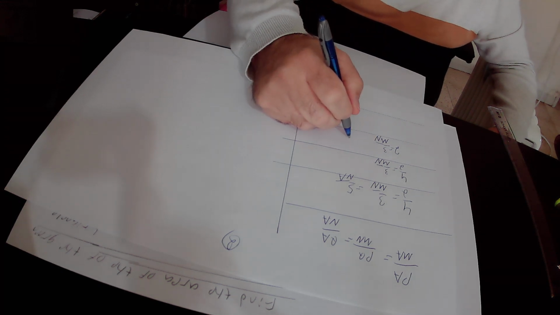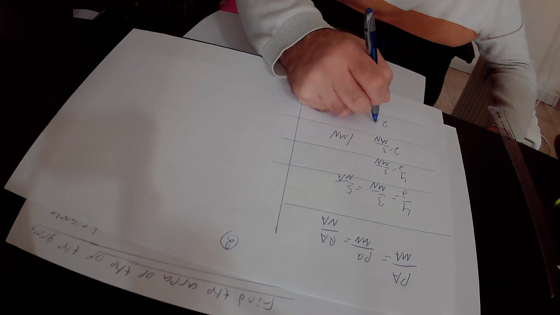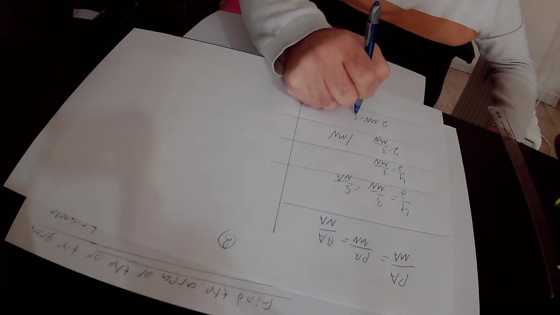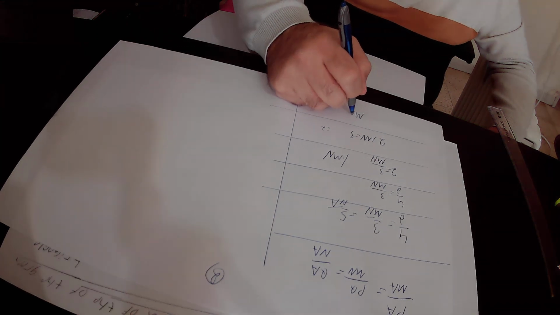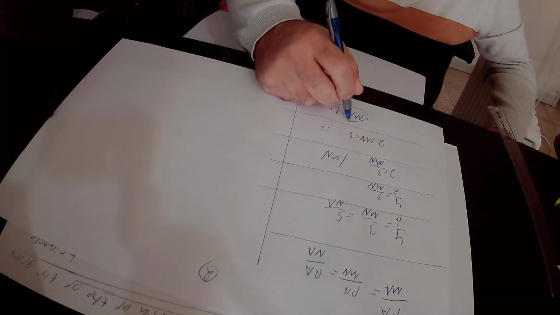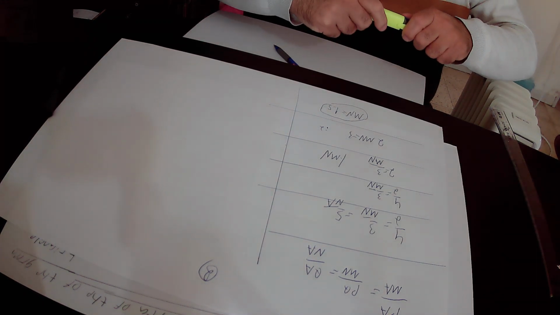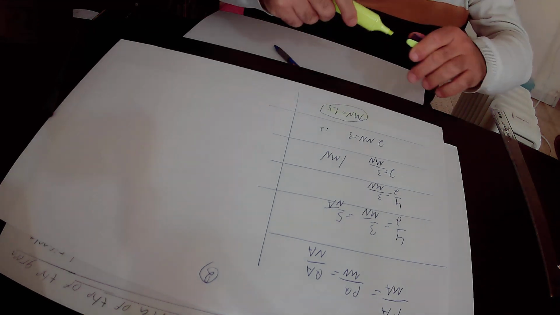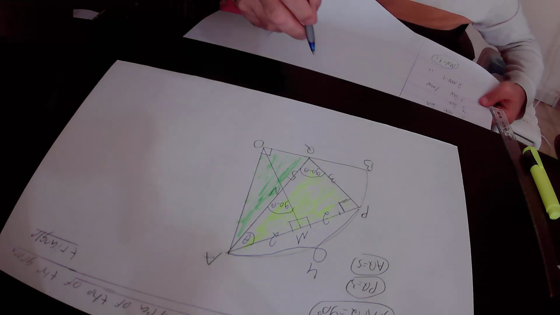We multiply this equation by MN, and finally we get that 2 times MN equals 3. We divide this equation by 2, and we get that MN equals 3 over 2, that is 1.5. The length of line segment MN is 1.5 units. So I write it down in the original drawing that MN equals 1.5 units in its length.